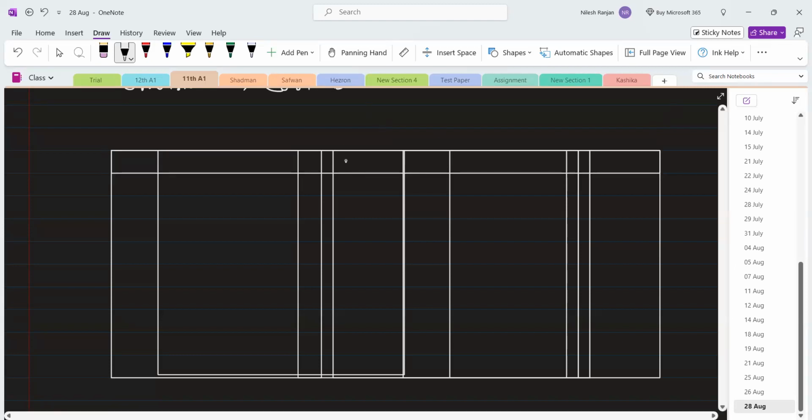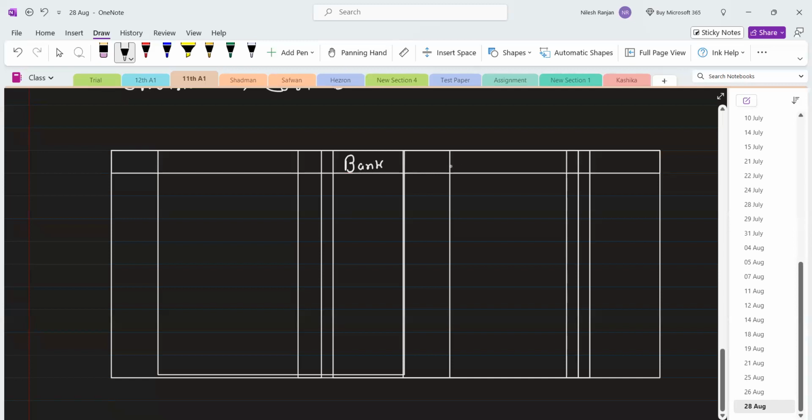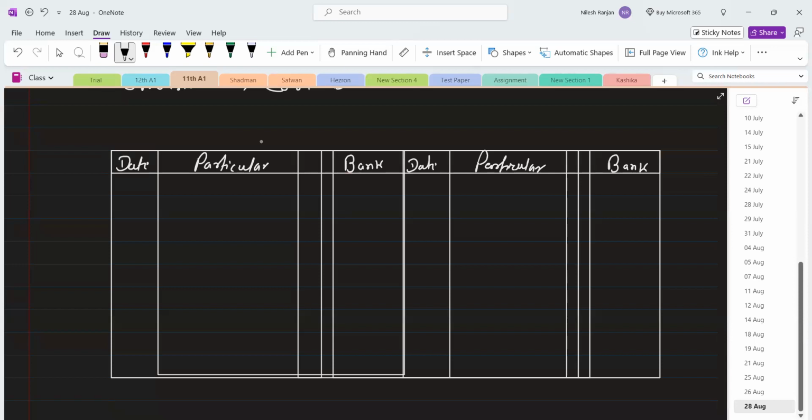So you have to prepare bank column. That's why amount will be written only related to bank transaction. So it is same as the ledger, just a little bit of difference. Little bit means one column extra. One is for voucher number or invoice number, you can say, and the second is for ledger folio.